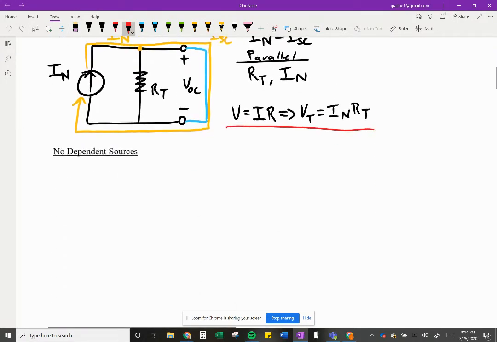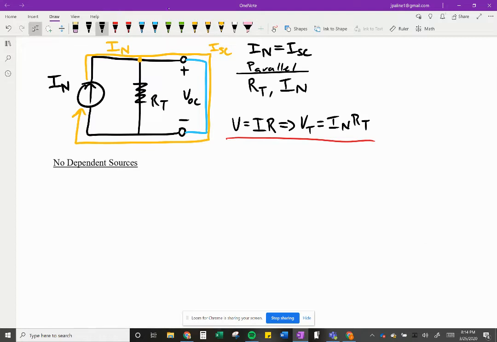Okay. So how are you finding these? This is going to be the case most of the time where you don't have any dependence. Dependent sources are the sources that look like diamonds. And these are sources where you'll see like 0.5 V of A, or this would be like 4 IX, stuff like that.